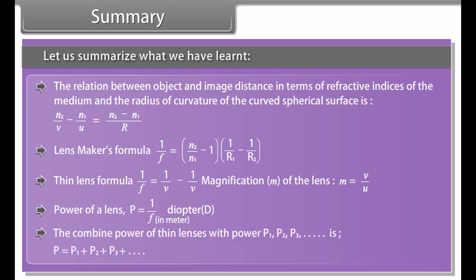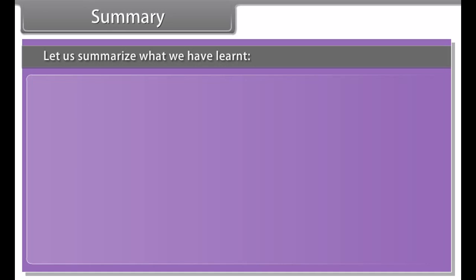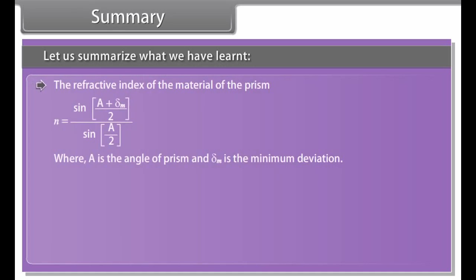The combined power of thin lenses with power P1, P2, P3 is P is equal to P1 plus P2 plus P3 and so on. The refractive index of the material of the prism, n is equal to sine of A plus delta minimum by 2 divided by sine of A by 2, where A is the angle of prism and delta m is the minimum deviation.